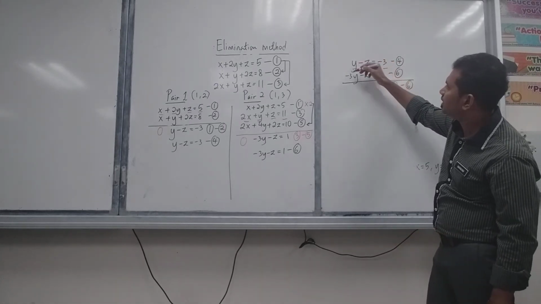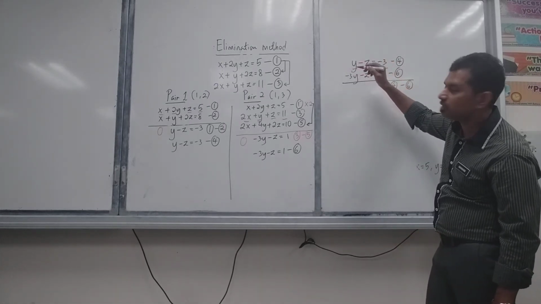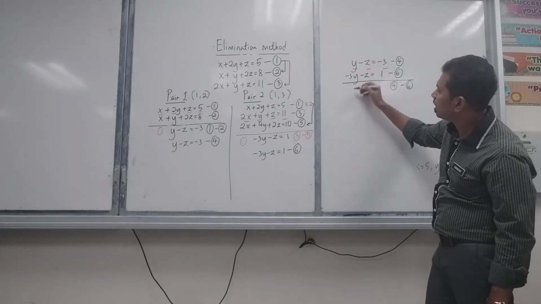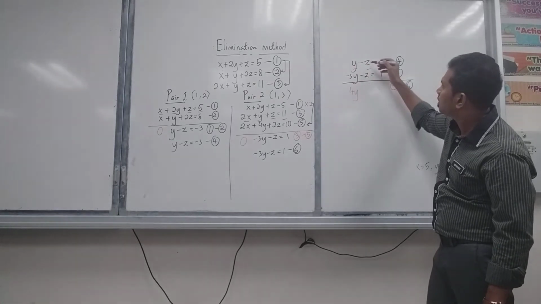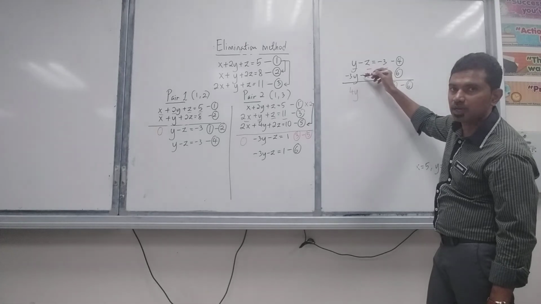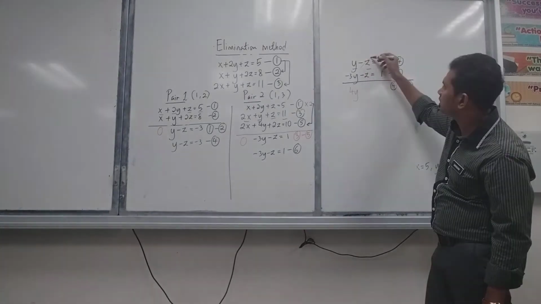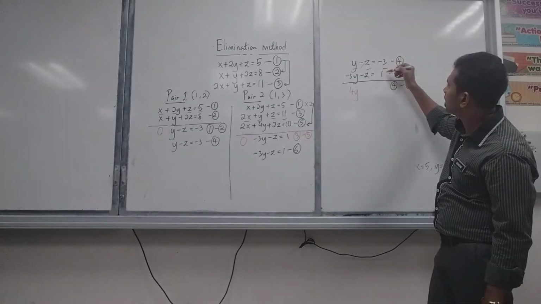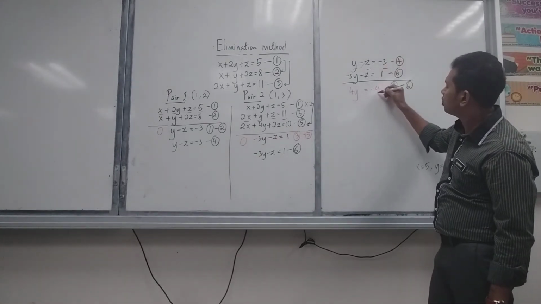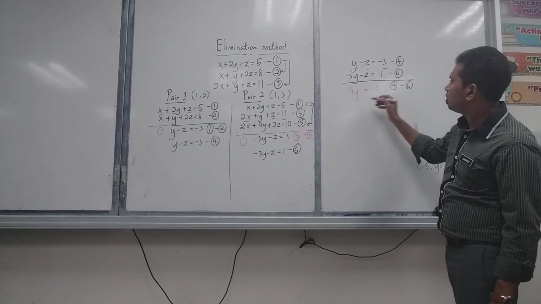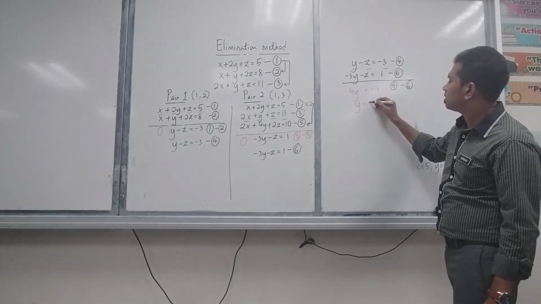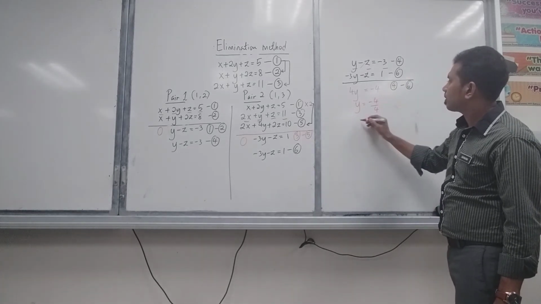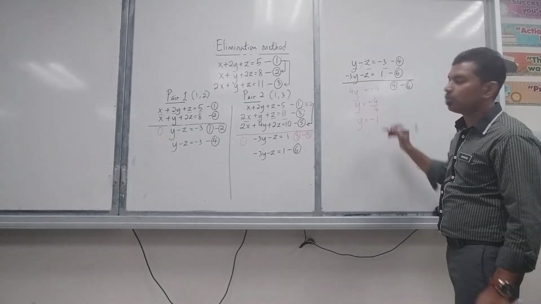So we put minus here, minus here, minus here. Y minus minus becomes plus. Y plus 3y will be 4y. Negative z minus minus becomes plus, so you're going to cancel. You're going to get 0 here. Negative 3 minus 1, you're going to get negative 4. Then you divide, so your y will be negative 1.